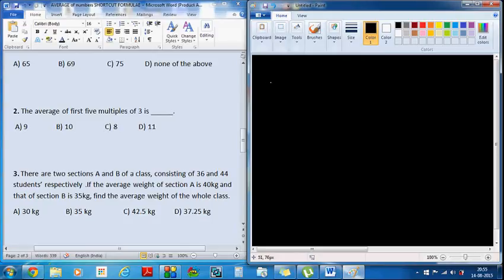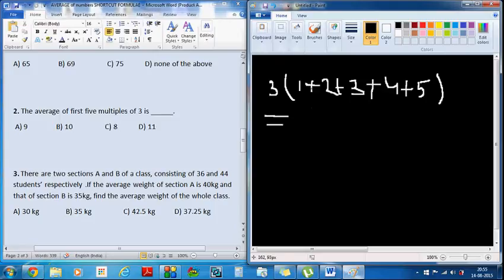I will write it this way: 3 into 1 plus 2 plus 3 plus 4 and plus 5. So it will be equal to 3 into 15, so 15 into 3 equal to 45.